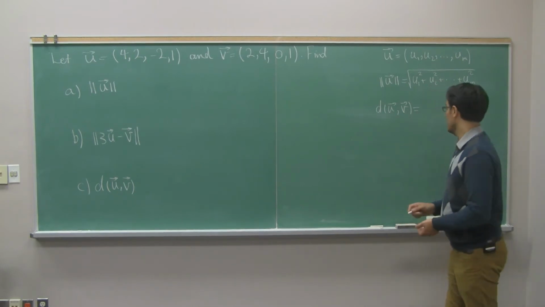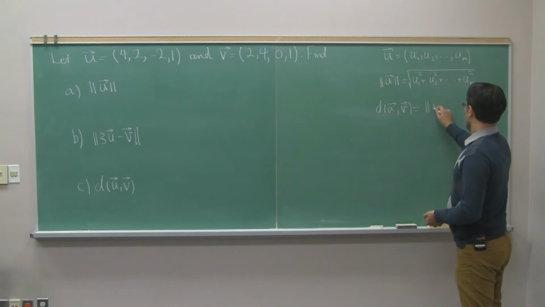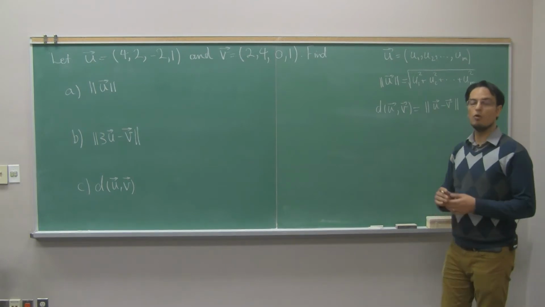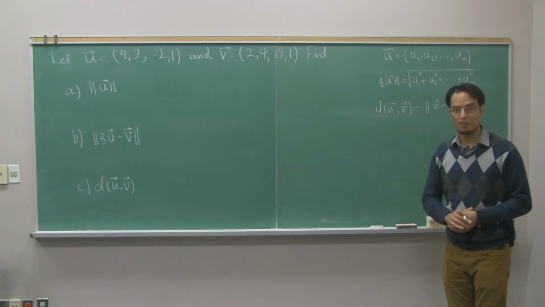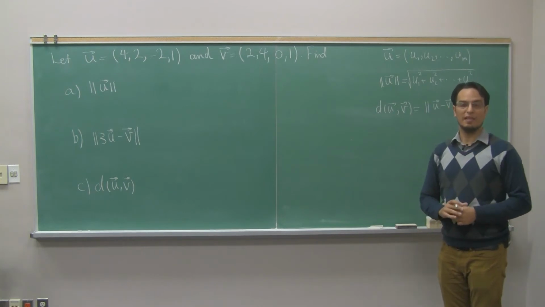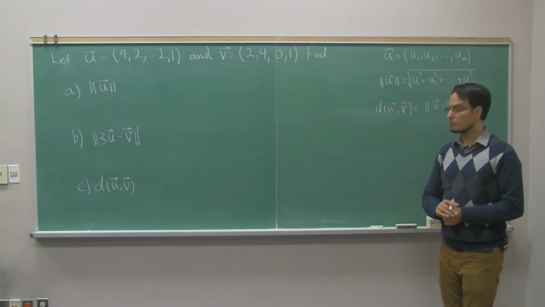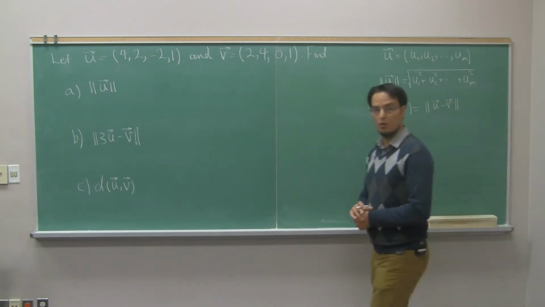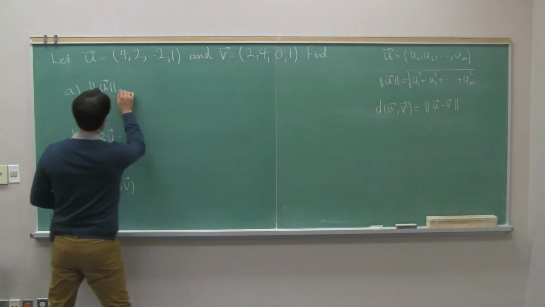In general, you have to find first u minus v or v minus u, it doesn't matter. Then you get a vector and then find the length of that vector. Okay, so now that we have the formulas, let's go ahead and solve part A.